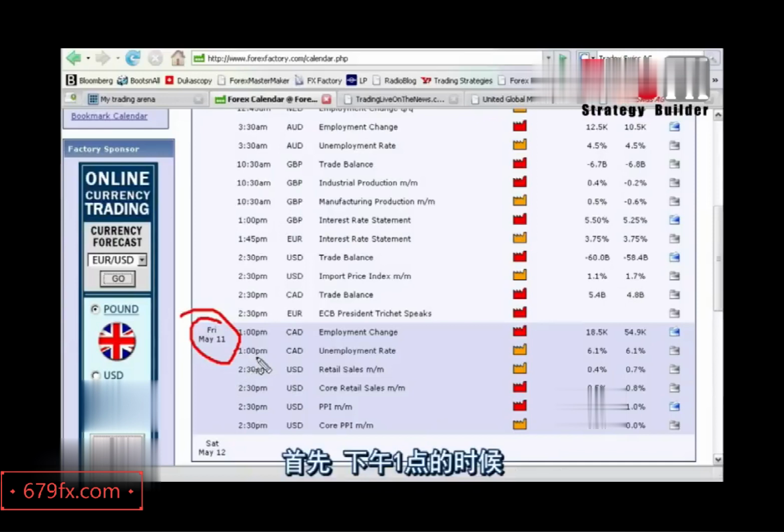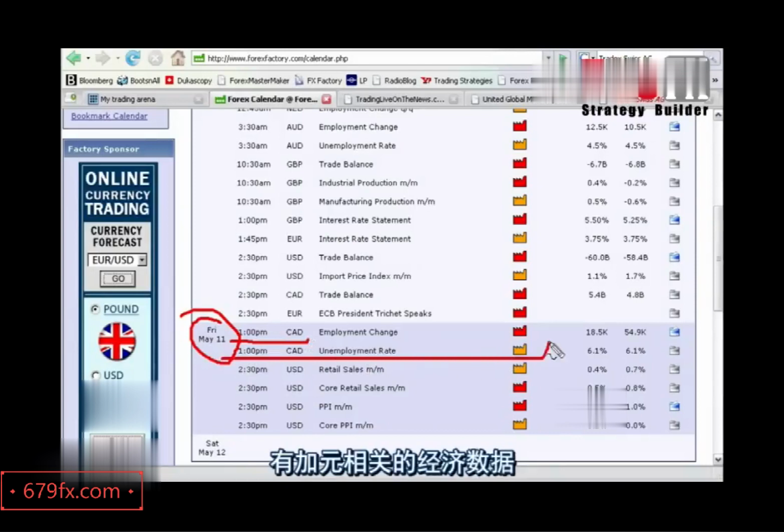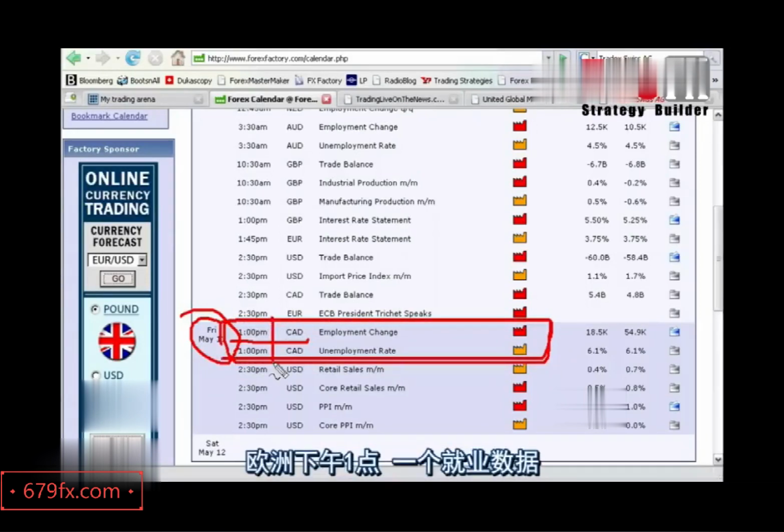The first thing we see is that at 1 p.m. Euro time there is an economic release for the Canadian dollar, the employment data. That's an important one, guys.